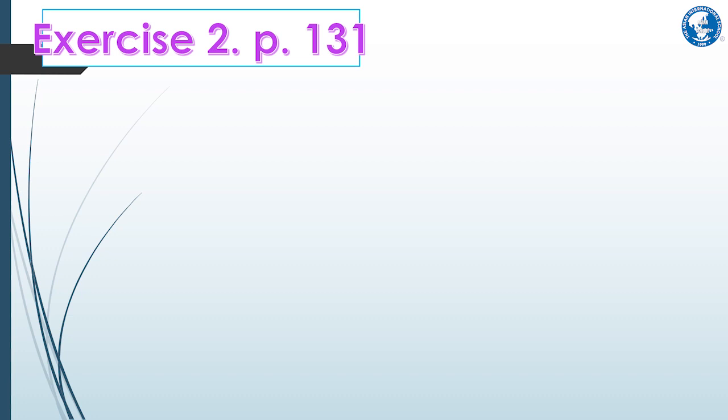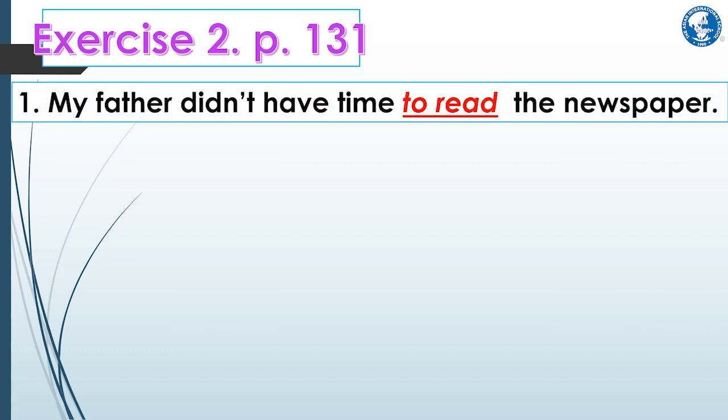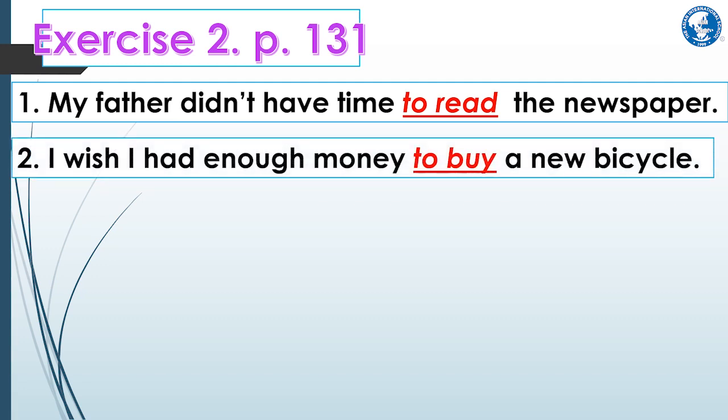Okay, now time's up. Let's check the answers together. Number 1. The suitable verb should be read. So, my father didn't have time to read the newspaper. Number 2. I wish I had enough money to buy a new bicycle.